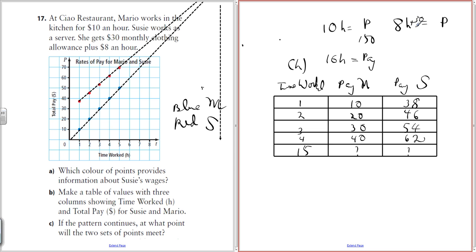Aha, 120 plus 30 is 150. So if they were to work a 15-hour shift, both would receive $150. So we've solved it by extending these lines into infinity and beyond, and we were able to figure out that that must be what it is.